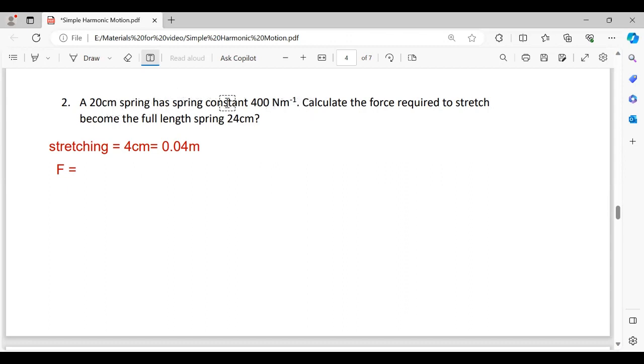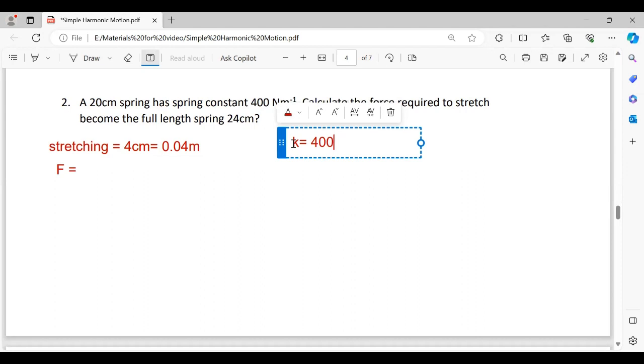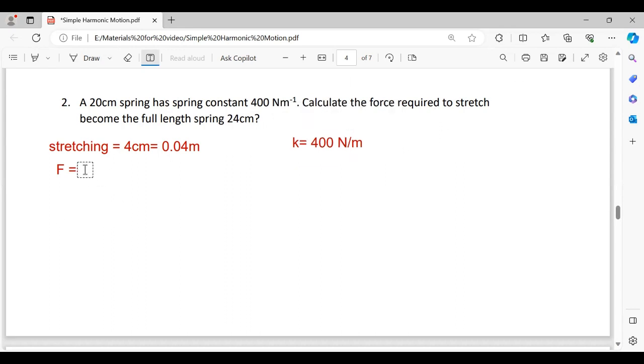Okay, this is the spring constant, or K. Actually K equals 400 Newton per meter. So this is k times y, F equals k times y.